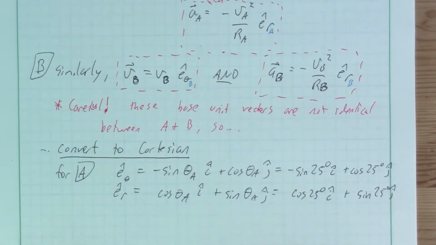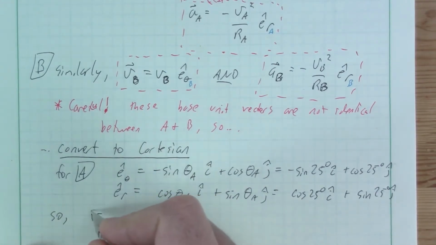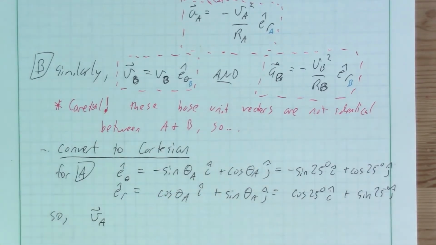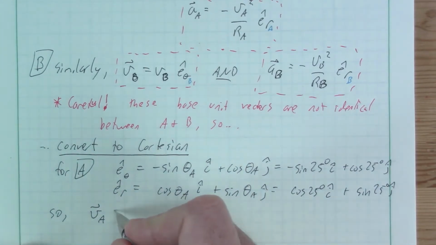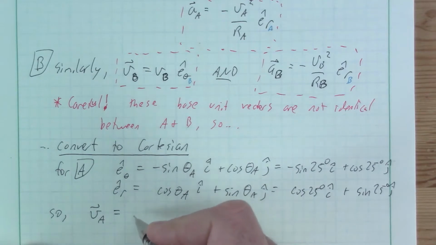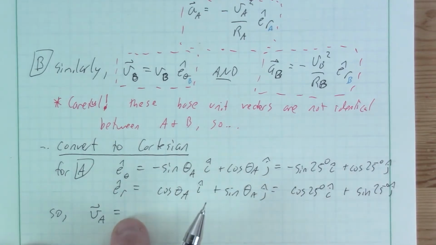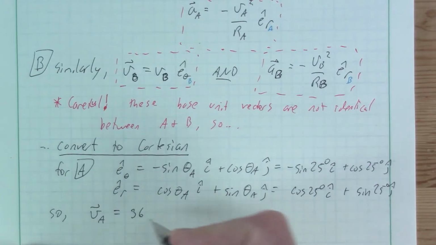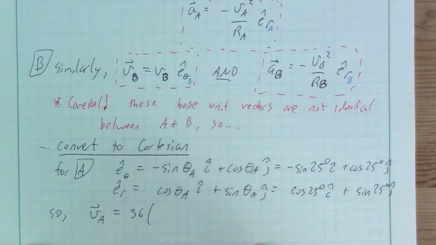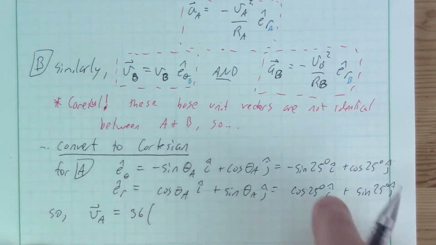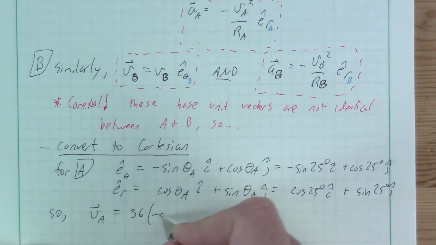Okay, so our vectors are vectors in space, and it's just our choice in how to represent them in terms of the base unit vectors. So we're given that VA is 36. We actually want to start plugging in numbers now. Times, now instead of e hat theta, we write it in terms of its i, j components.